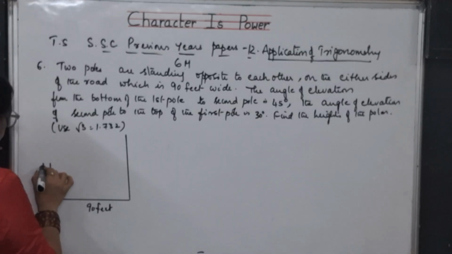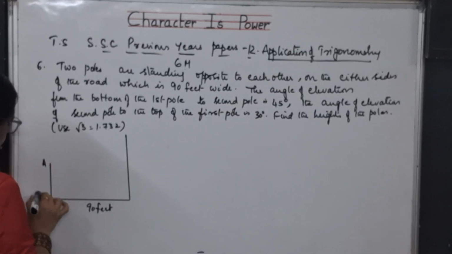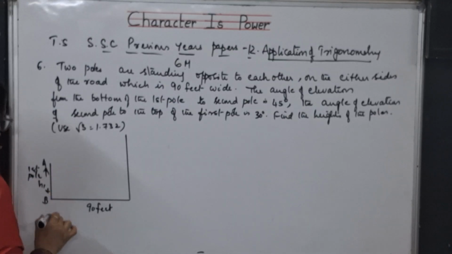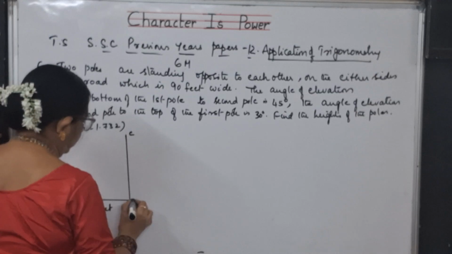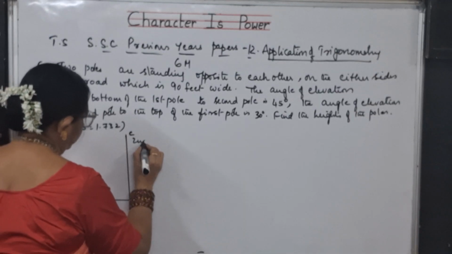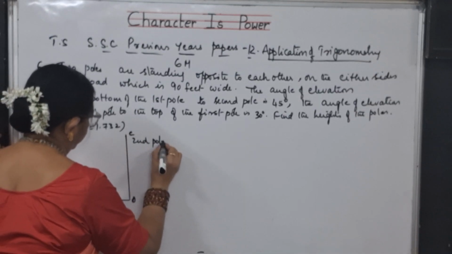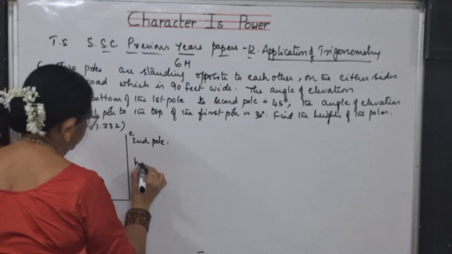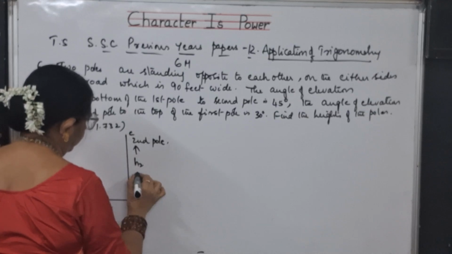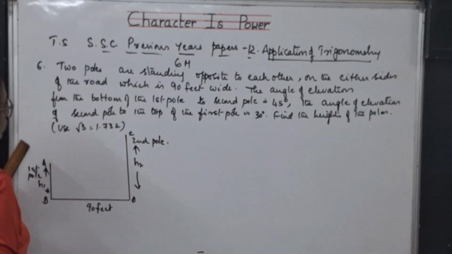Now let us take this as first pole AB. Let the height of it be H1. And CD, this is second pole, its height is H2. You need to find out H1 and H2.